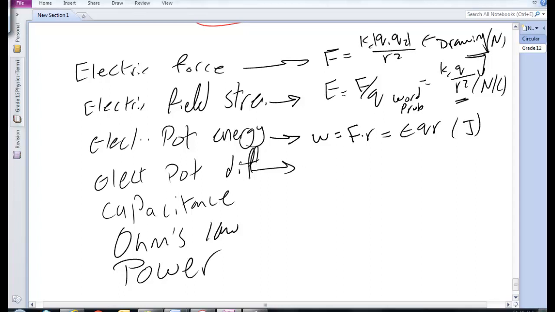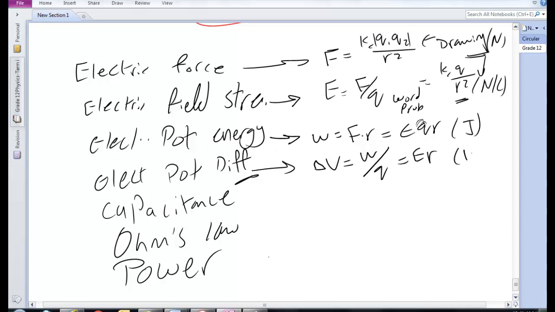Electric potential difference and energy, do not be confused between both. So difference is electric potential difference, which is delta V or V, which is W over Q. And if you divide W over Q, this means that you are going to remove this Q. So it would be ER.